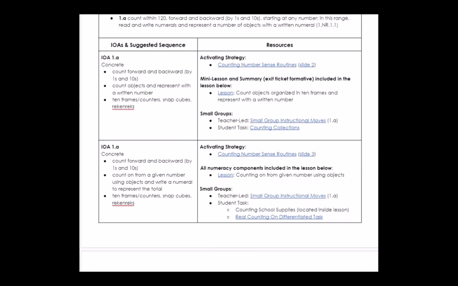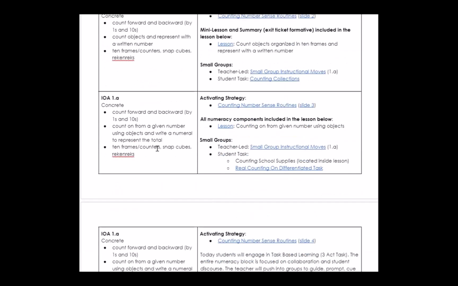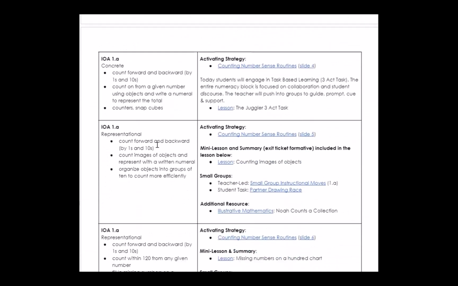For IOA 1A, we are suggesting about 7 days of instruction. You will begin at the concrete level using manipulatives like counters and snap cubes to count objects, to count on from a given number, and to write a numeral to represent the total.